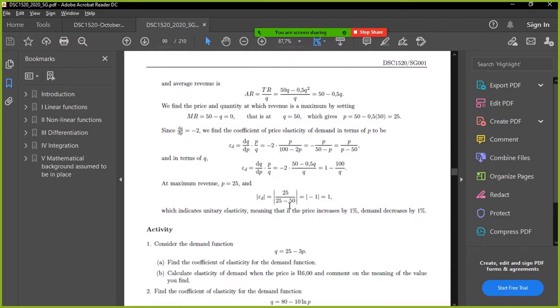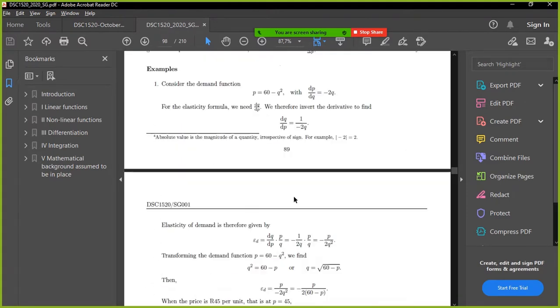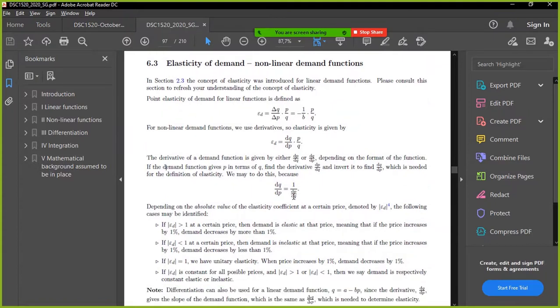And nope, that's it. Let's see if the textbook gives us more. The textbook should be better because it will give you a few other examples. Okay, so I'm looking for non-linear demand functions. Okay, non-linear demand and supply functions, page 159.